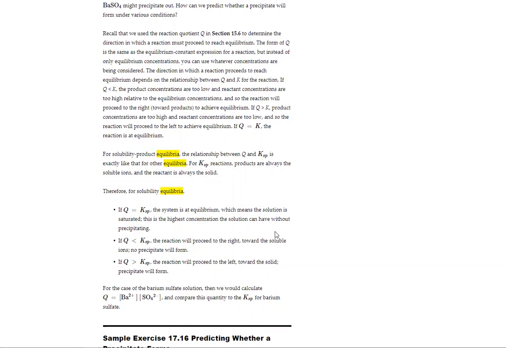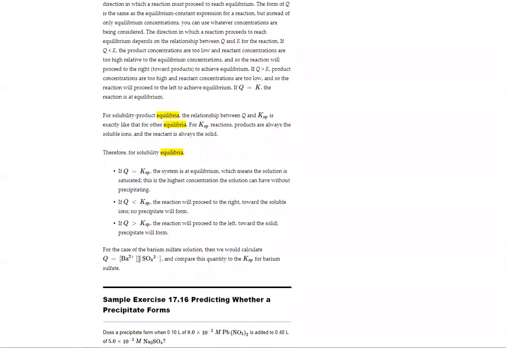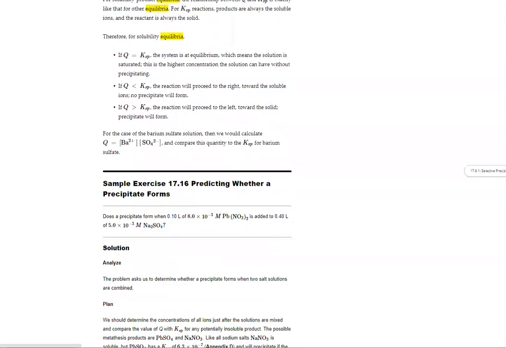So if there's a little Q, that means you got more on the bottom, less on the top, and you need to make more on the top, so it's going to shift to the right. If you have the reverse and you have a Q larger than Ksp, then you have too much on the top and it's going to shift to the left in order to form more of the solid and lower that Q value. For the case of the barium sulfate solution, we would calculate Q equals that times that. Okay, that's just an example. So moving on.